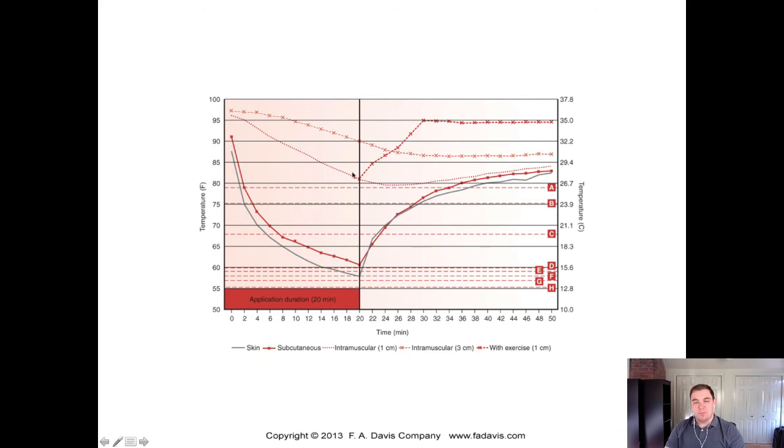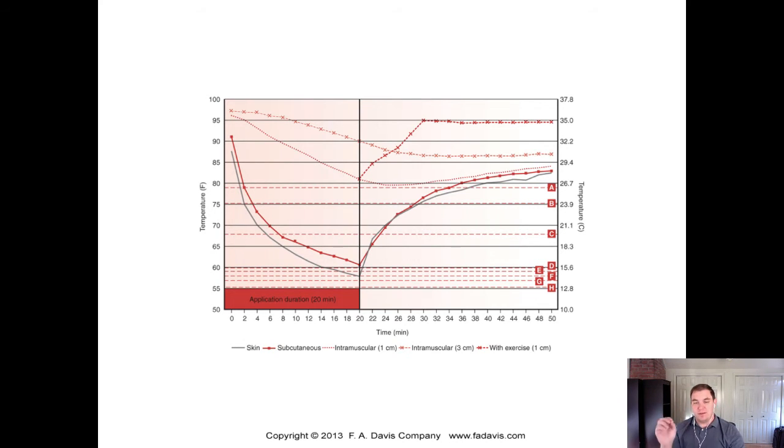There's no possible way, physiologically. Yes, you're decreasing the temperatures, but are you actually decreasing the temperature to a therapeutic range? No. We're going from 95 to 90 degrees at 3 centimeters. 3 centimeters is not that big, right?